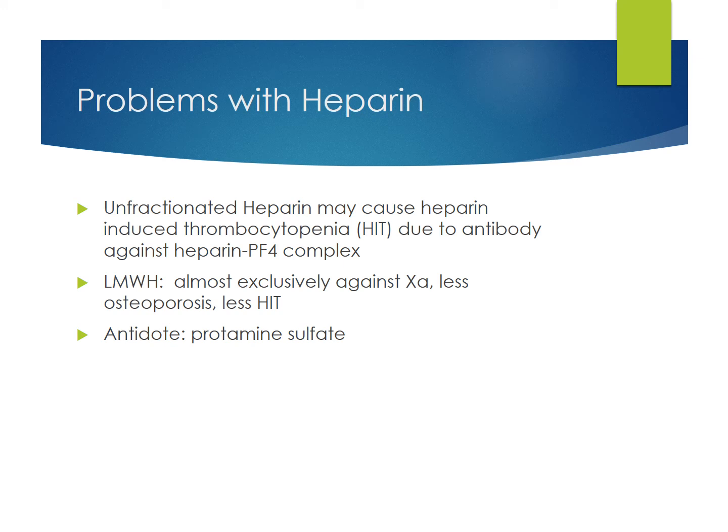Low molecular weight heparin or unfractionated heparin can be used to try and reduce the amount of coagulation going on. As I previously mentioned, it can help with hypercoagulable states as well.